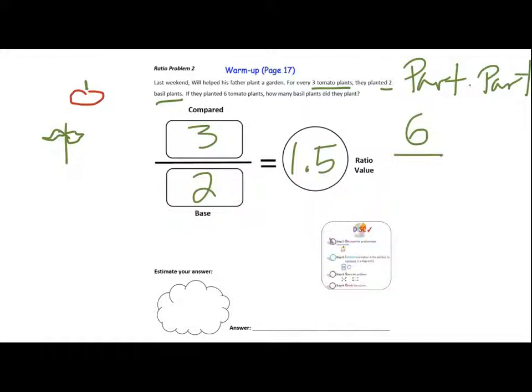Or we could find it using our ratio value. So right now we're solving the problem. I personally like seeing that 3 times 2 gives me 6, so 2 times 2 gives me 4. So my answer is 4 basil plants.